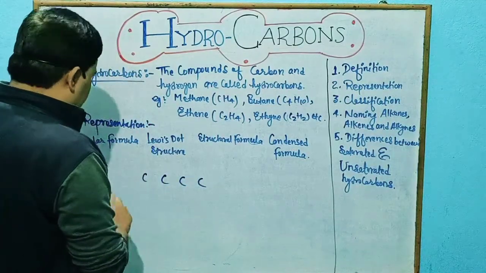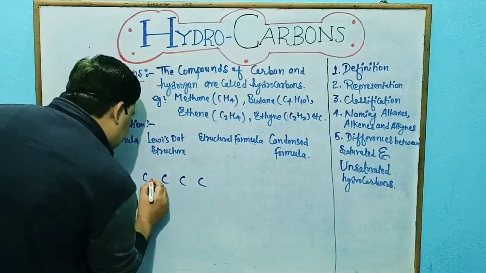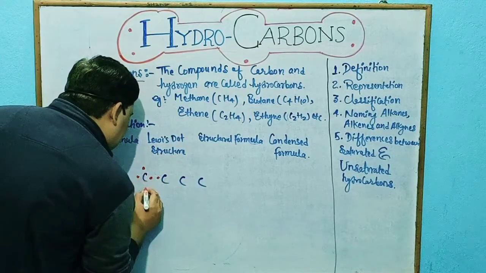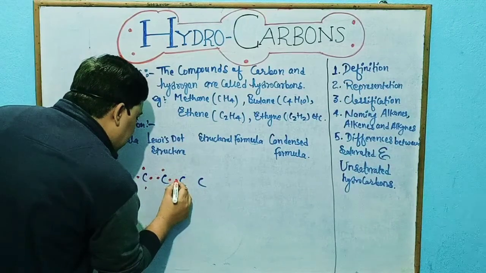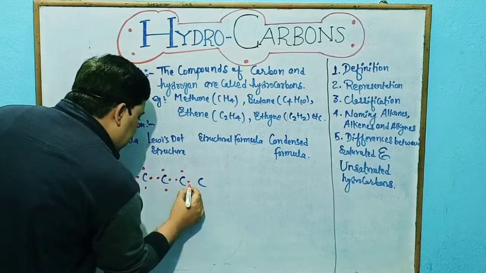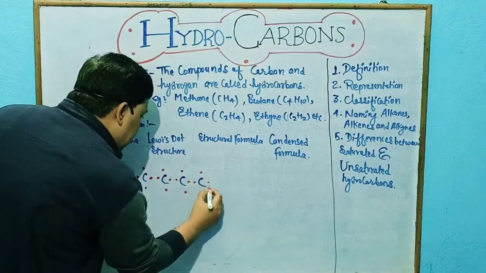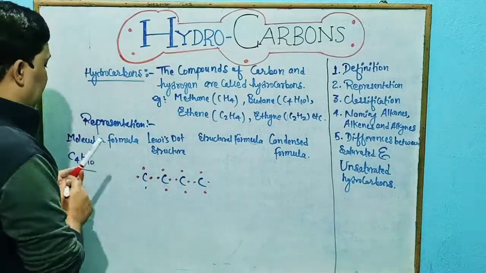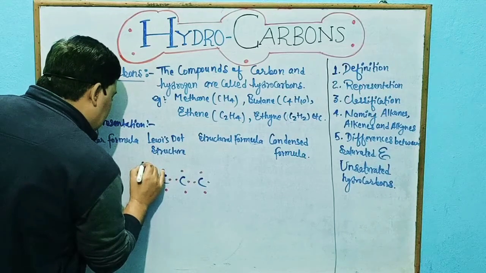Each carbon atom has 4 valence electrons. And each hydrogen atom has 1 valence electron that will be shared.